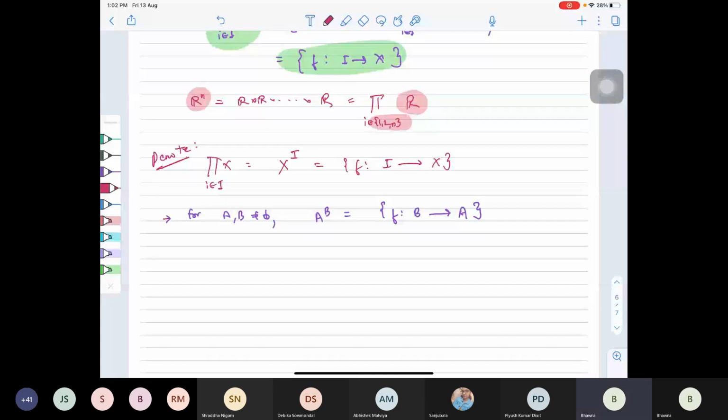Apart from this, if a set has two elements, say 0, 1, we denote it by 2.